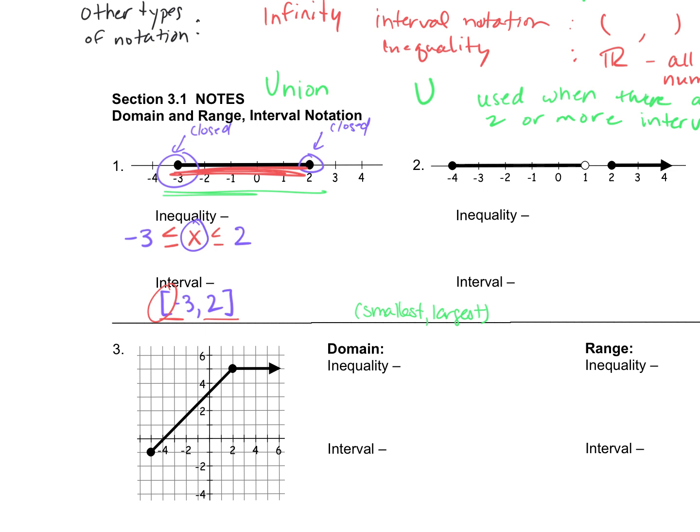So I want to just really quick pause and talk about why it works the way it does. If I were to write just the first part, off to the side here, when you read this, you read from the variable to the number, in this direction. Okay, it's backwards because we always start with the variable. So this says x is greater than or equal to -3.